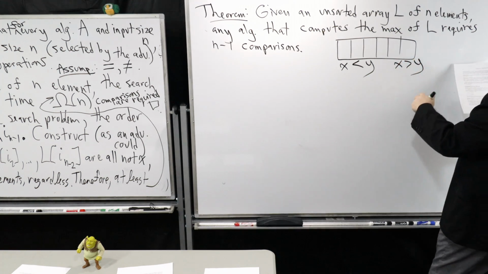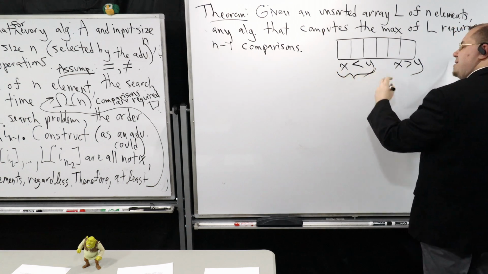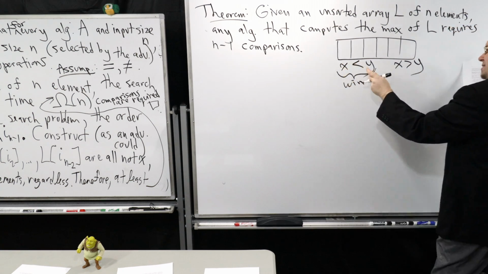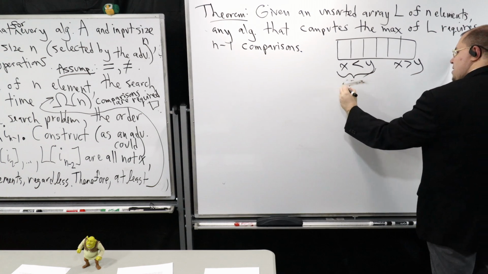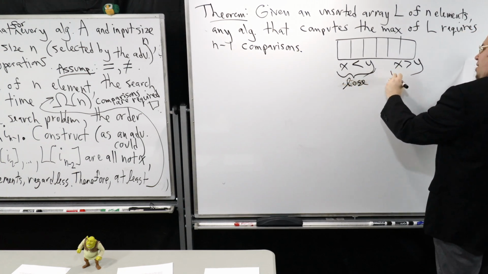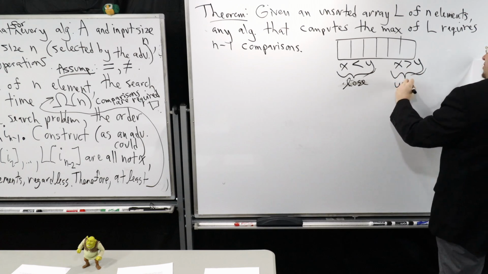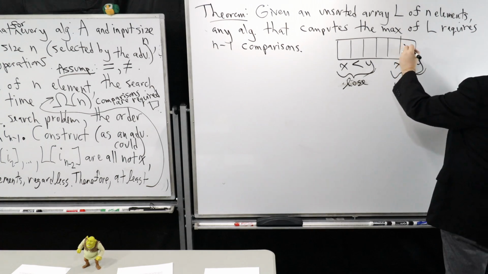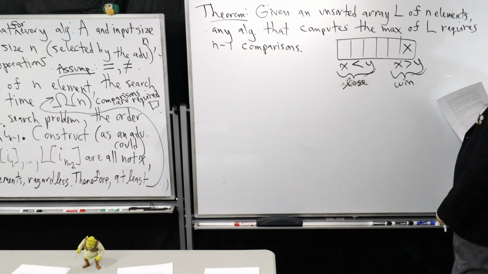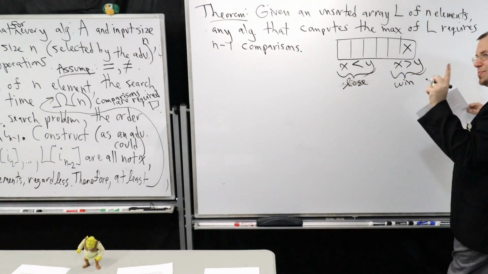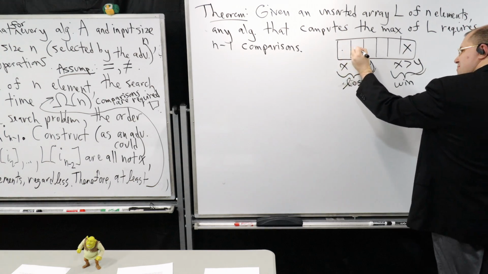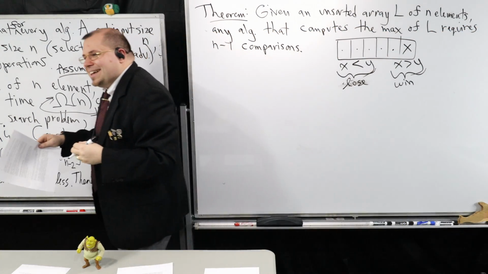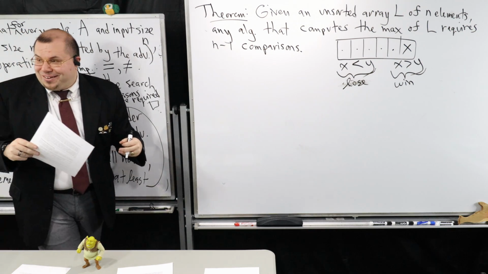What you could do is you can have almost set up a tournament where we would say that if x is less than y, we get a loss for x, and if x is greater than y, then we get a win. Now suppose I give you one of these elements and it's say x in the array. To figure out if x is the champion in the tournament, how many other elements are there? There's n minus 1 other ones, right?